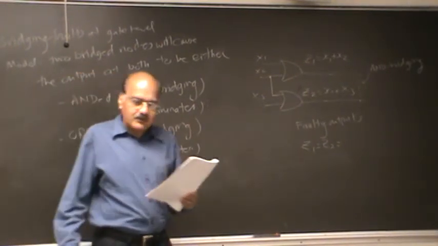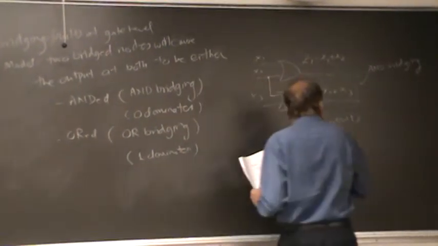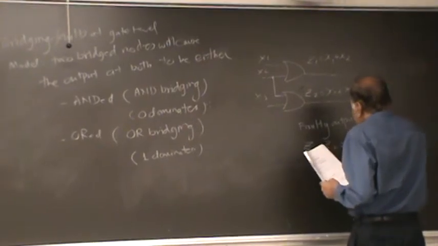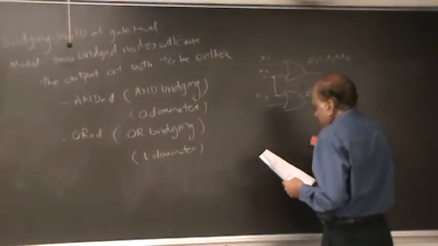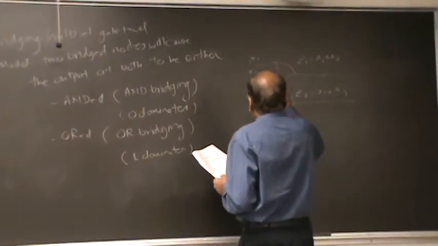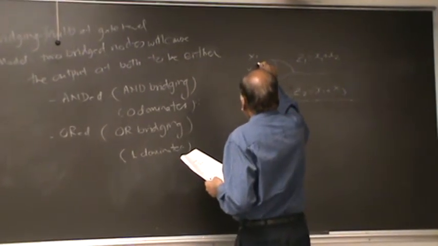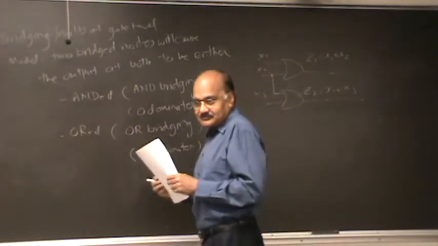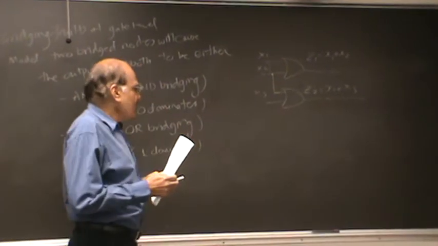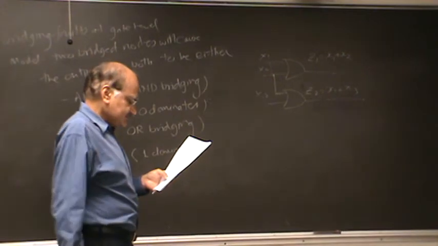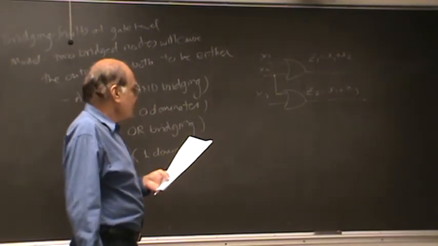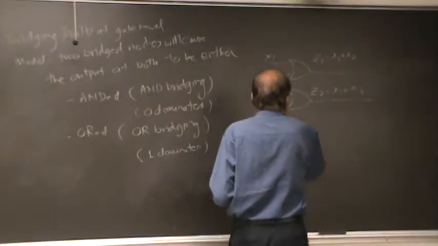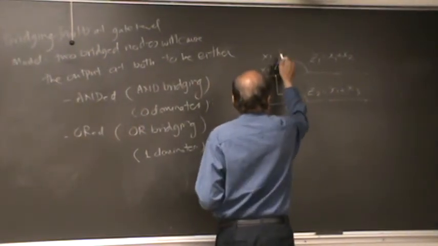Okay, let me change the example and make it a little bit more interesting. Let me have a short between these two lines. Okay, this is more interesting. So basically x1 and x2, and let's assume this is AND bridging.